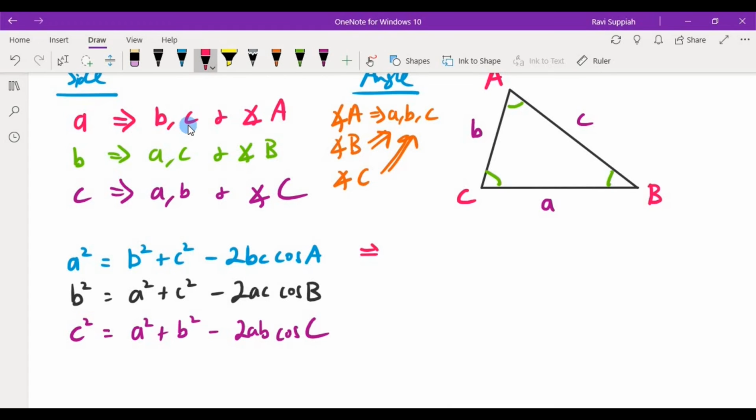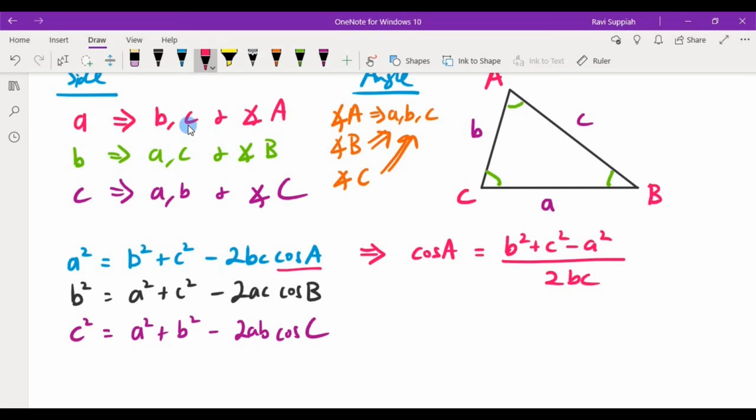So in this case, if I want to find cosine A, basically what we're doing is just rewriting this equation. If I rewrite it using algebraic rules, I will get cosine A equals B square plus C square minus A square, divided by 2BC.